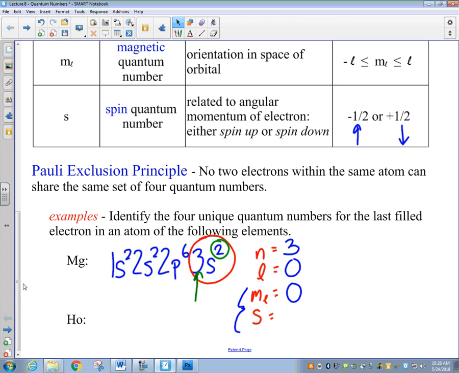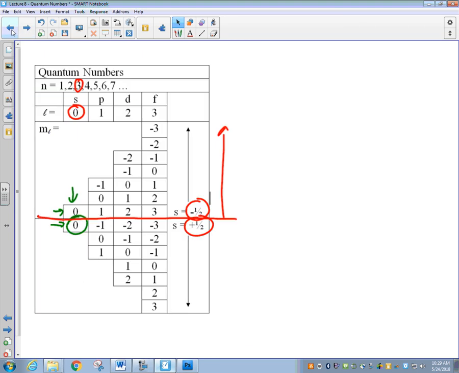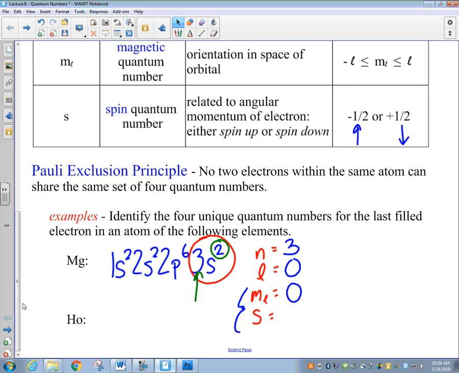And then the spin, again looking back to our table here, is neatly divided through this central line on your table right here. The first electrons above this line are all given as spin up. The electrons below that line are filling spin down, which implies that the second electron in the s orbital is going to be filling spin down, for a spin value of positive 1/2.